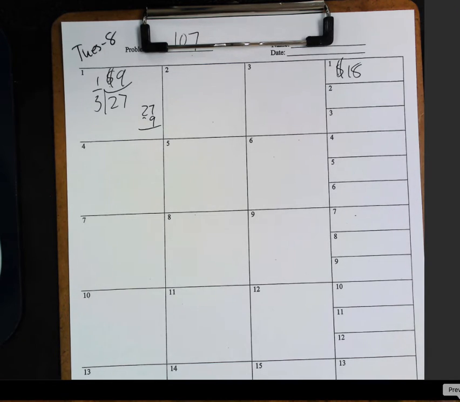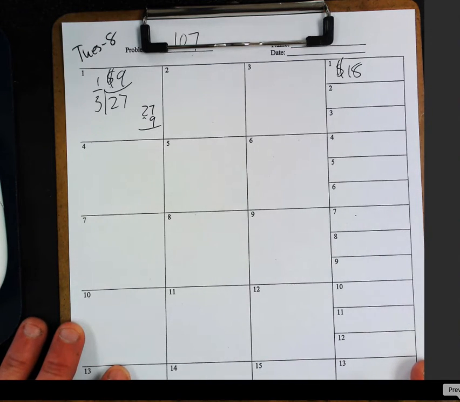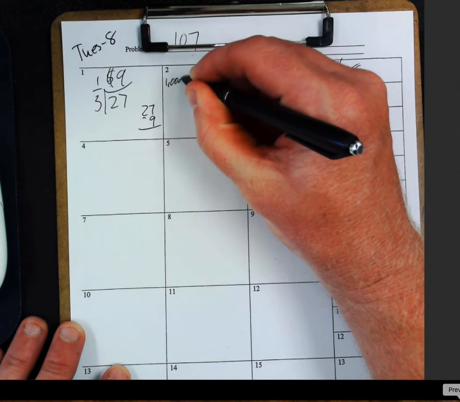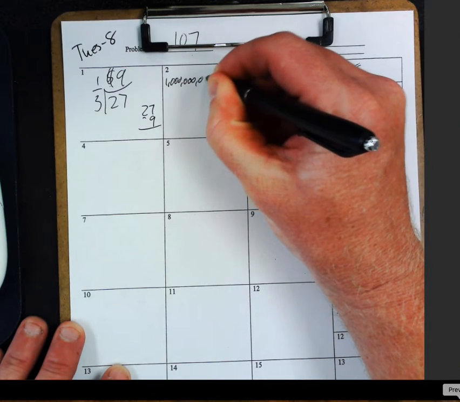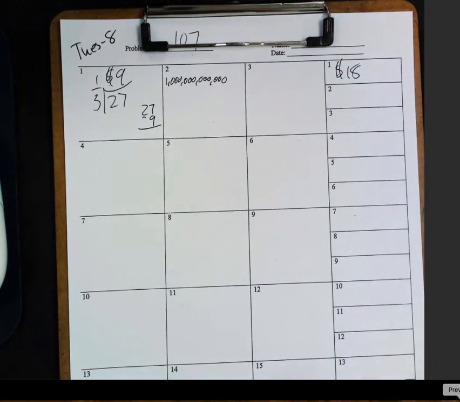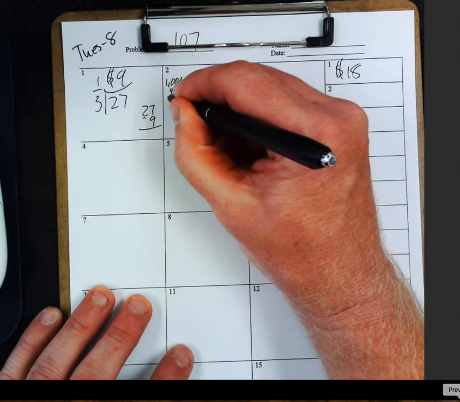Number 2 says 975 billion is how much less than 1 trillion. Write your answer in scientific notation. What number goes on top? 1 trillion goes on top. 1 trillion has 12 zeros. I am now subtracting 975 billion from it.